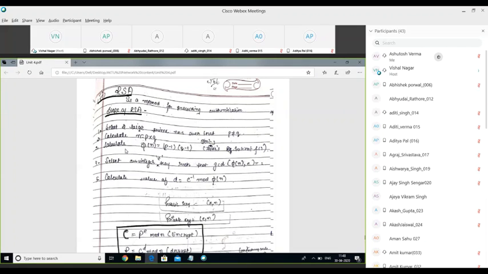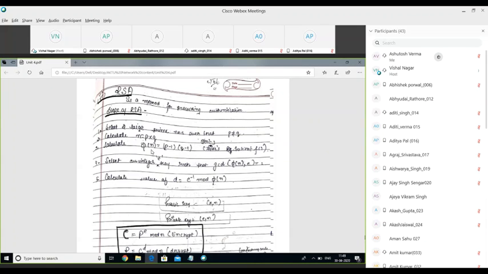Now we find a function phi n, which is actually the Euler Totient function that you have learned in your discrete structures subject. Phi n is defined as (p minus 1) into (q minus 1).